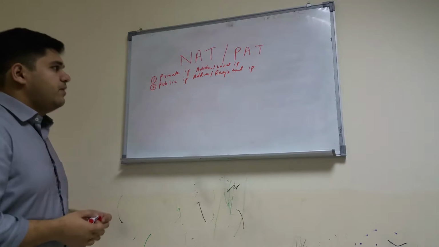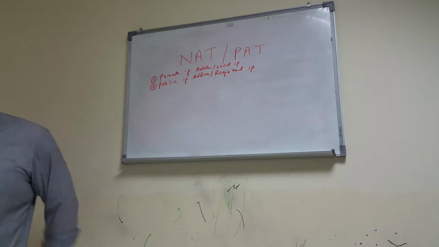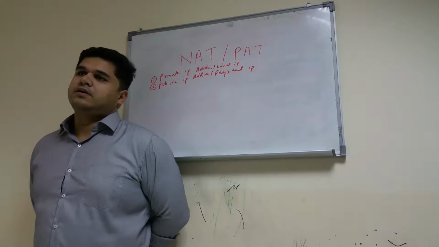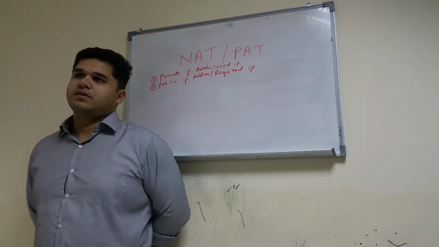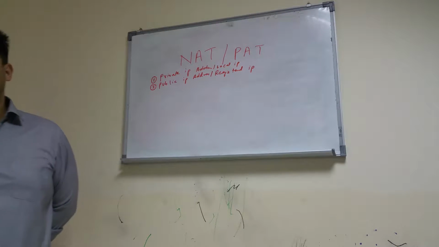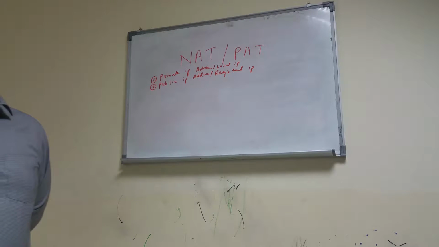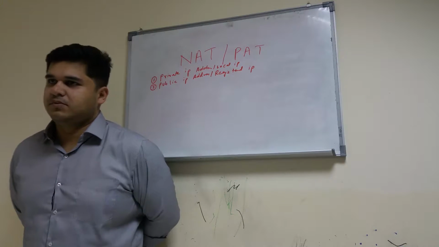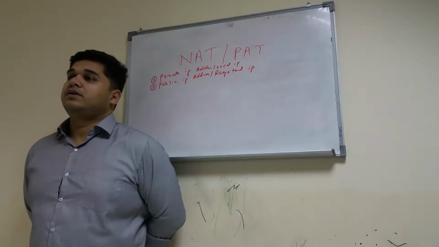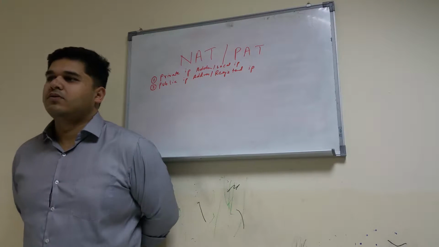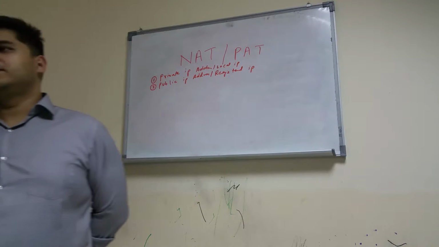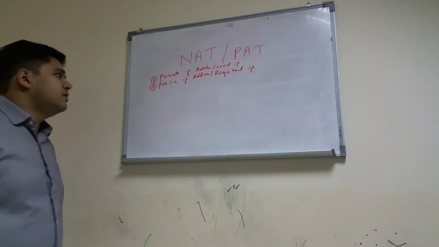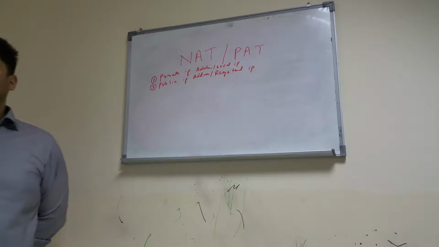So what is the difference between private IP address and public IP address? What is a private IP address? Private IP address is the IP address which you can configure on your system, just like 10.10.10.1 or 192.168 or 172.16. These are all private IP addresses, meaning they are not registered under your name, and anyone can use these IP addresses on their computers, because your system is only working in this room.